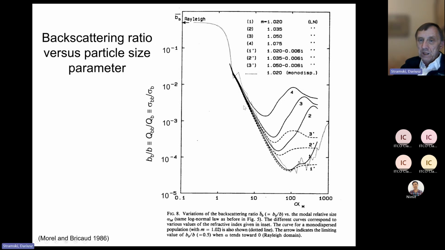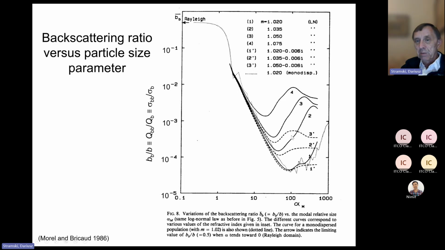But then refractive index begins to also play a major role for backscattering ratio if we increase alpha beyond a value of 5 or so. If alpha is on the order of 10 or 100, the refractive index plays a very important role in driving the magnitude of backscattering ratio.